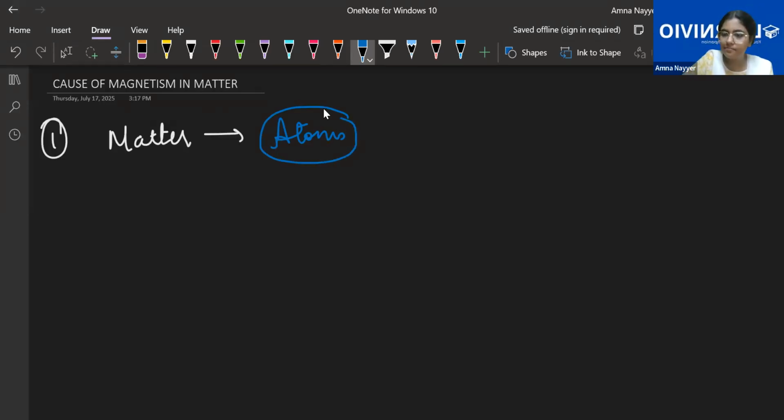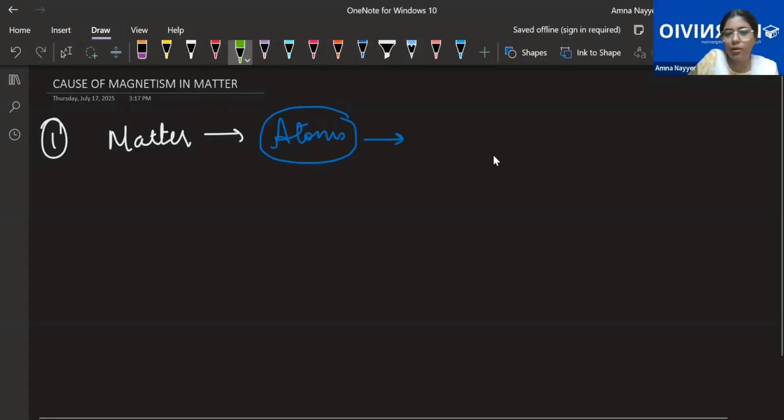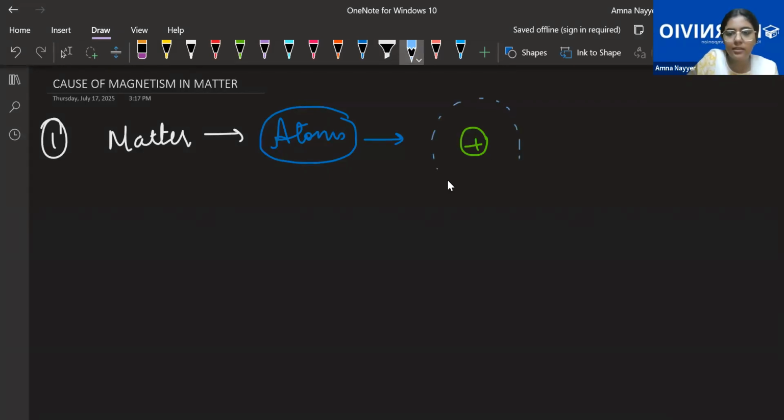Is that clear? When we talk about it at a micro level, we can say that there is a positive nucleus present, and around it exists the electron that travels. And when this electron moves, we are talking about magnetism in matter.